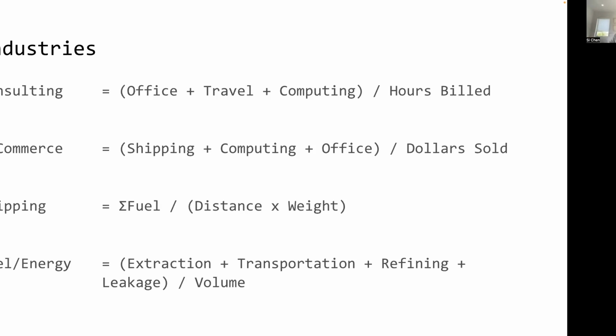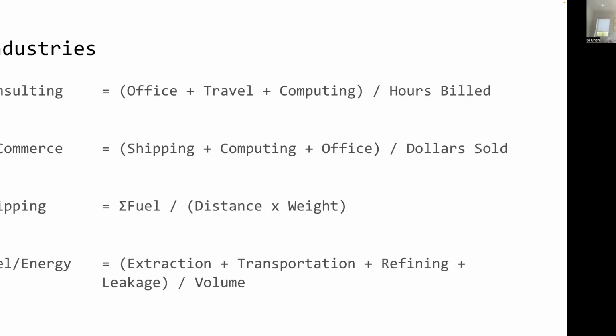Now, what is the shipping industry's climate footprint? It's basically the sum of all their fuel and combustion, right? From diesel to gasoline to alternative transportation fuels, divided by the distance and weight shipped. And then the interesting one for fuel and energy, okay, it's the whole production process, right?